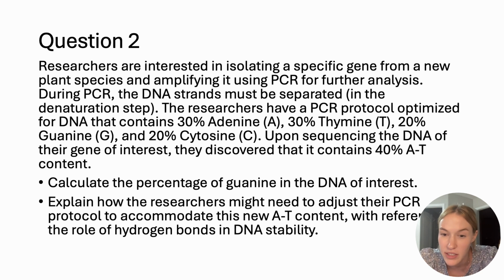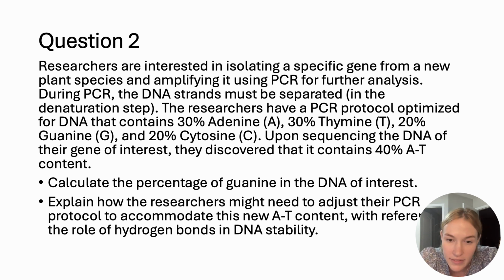The second part here is a little trickier. Explain how the researchers might need to adjust their PCR protocol to accommodate this new AT content with reference to the role of hydrogen bonds in DNA stability. This was when I was saying in your notes, highlight, highlight, star, star, that there are 2 hydrogen bonds between A's and T's, and there are 3 hydrogen bonds between G's and C's.